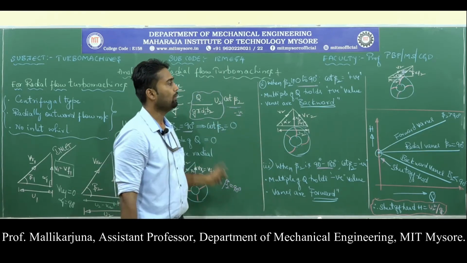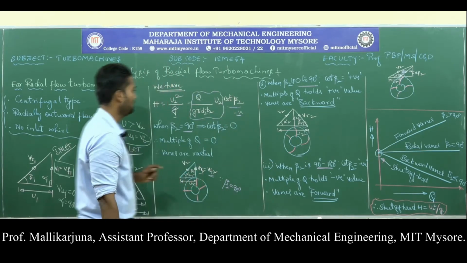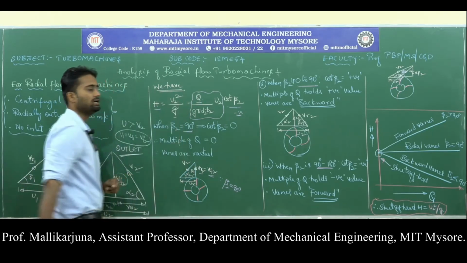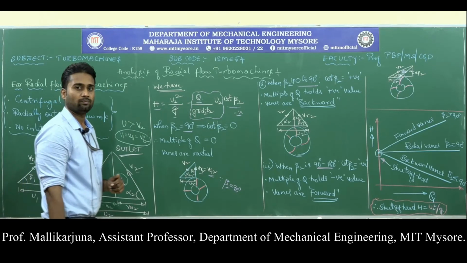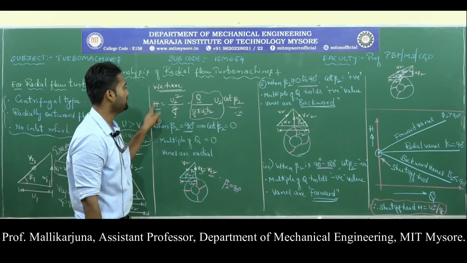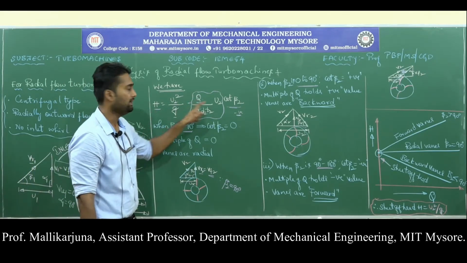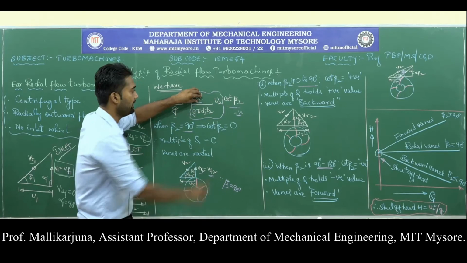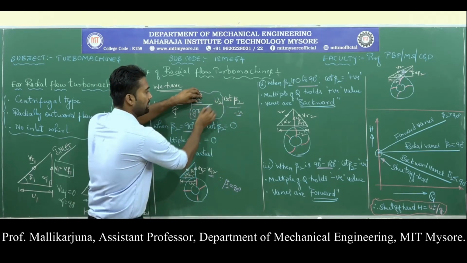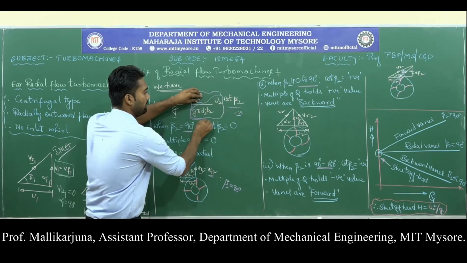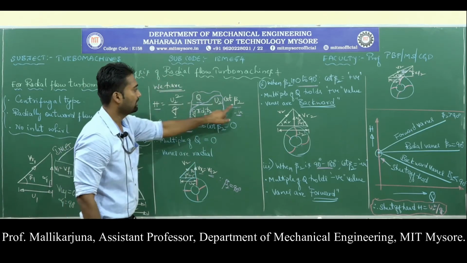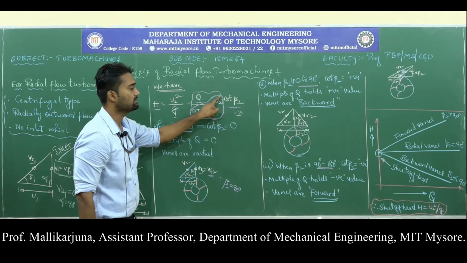This plays a huge role in explaining the dependency of H and Q. How H depends on Q totally depends on the outlet blade angle beta 2, because Q is totally dependent on the multiple of this cot beta 2. If I remove the Q from that, the cot beta 2 multiplication becomes this.